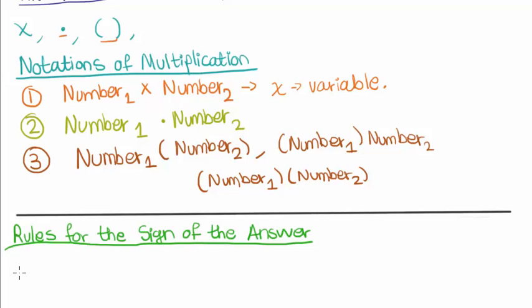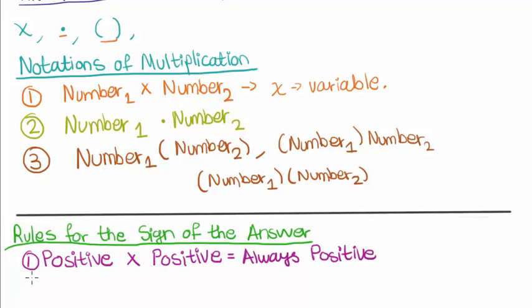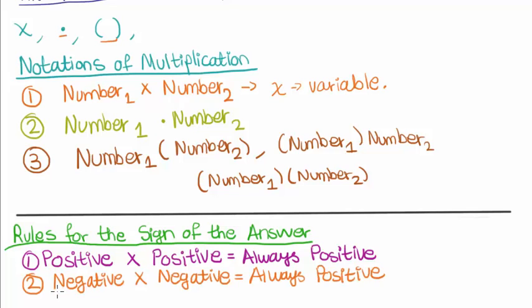The first rule tells me that if I'm multiplying together two positive numbers, the sign of the answer will always be positive. The second rule tells me that if I have two negative numbers that I'm multiplying together, the answer again will always be positive. And the third rule tells me that if I am multiplying two numbers together, of which one is positive and the other is negative, my answer will always be negative.